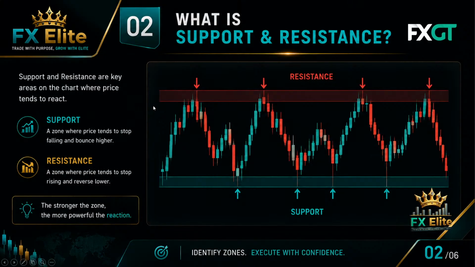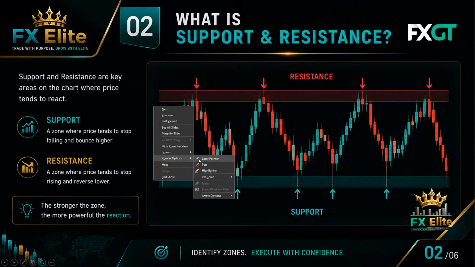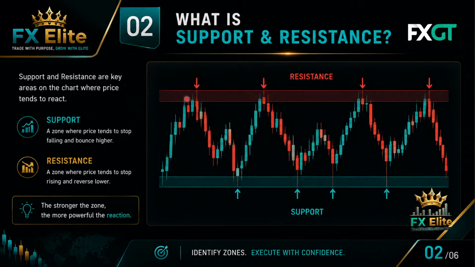So if you look at the screen, when the price bounces off at the higher levels, that's what we call resistance, and when it bounces off a certain level below, that's what you call support.